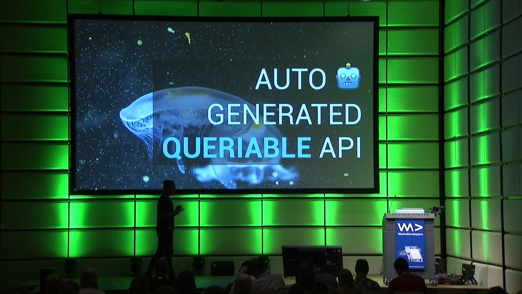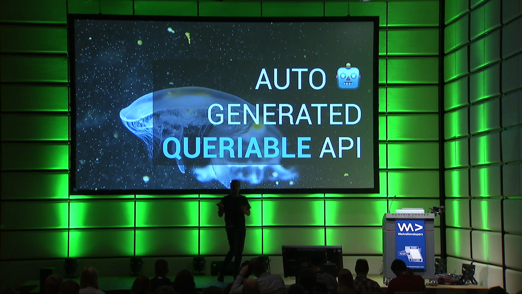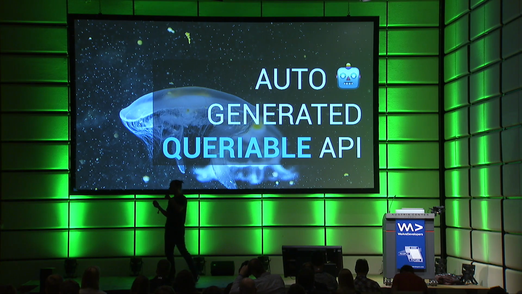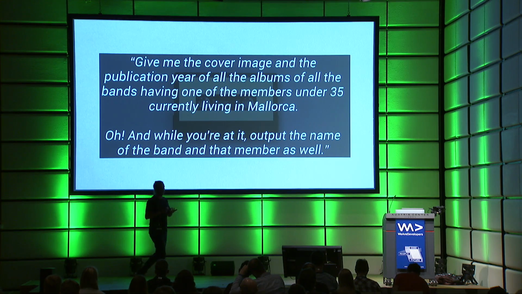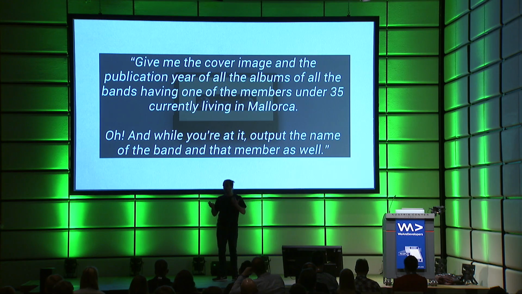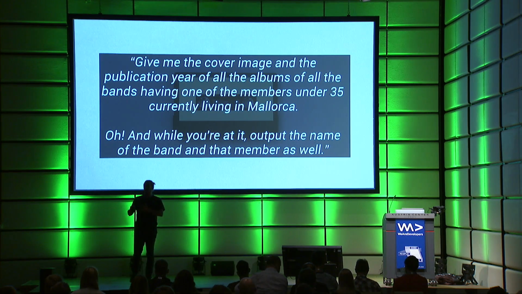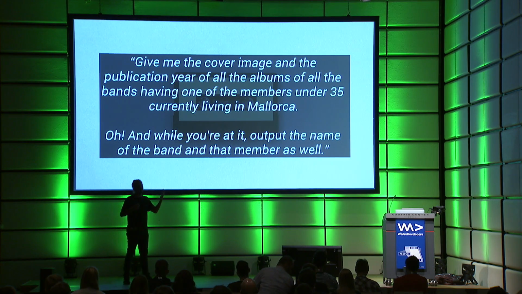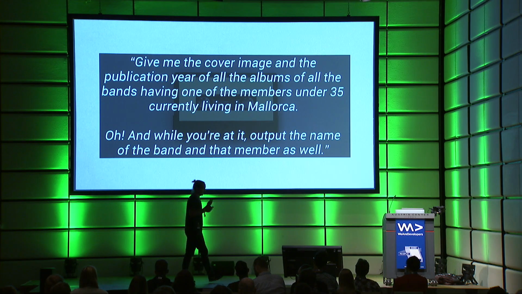We do it in a way that allows us to do those interesting interactions that I was talking about earlier, and it allows you to create queries like this, like give me the cover image and the publication year of all of the albums of all of the bands that have at least a member that's younger than 35 and lives in Mallorca.